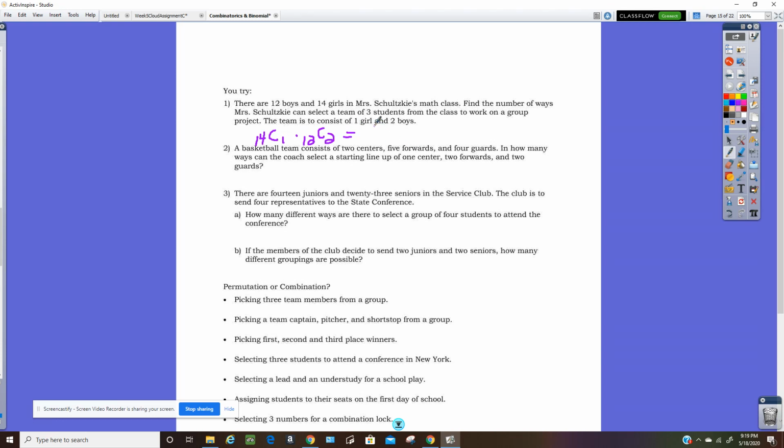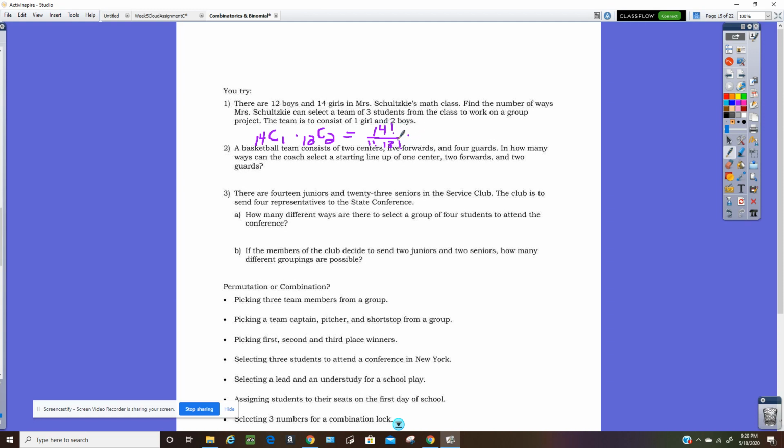So 14 choose 1 is 14 factorial over 1 factorial times 13 factorial. And I didn't need to do this because the number of ways to choose a girl is 14, and that's what that number is going to be here.